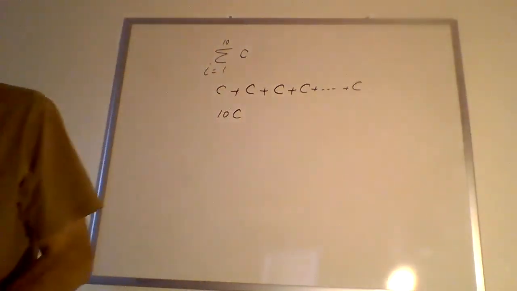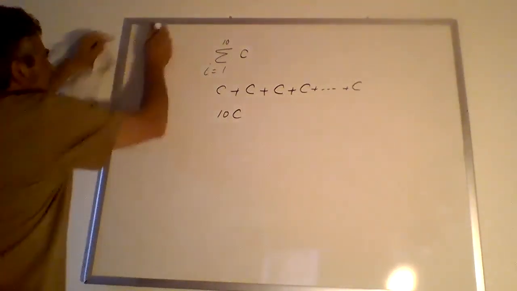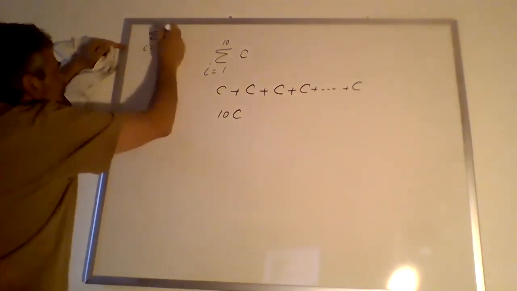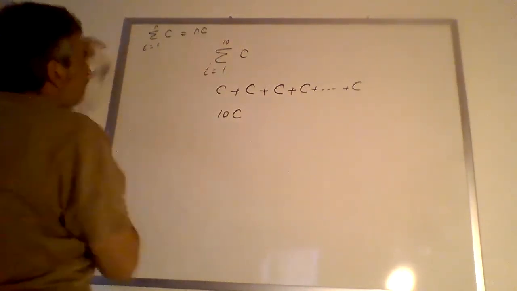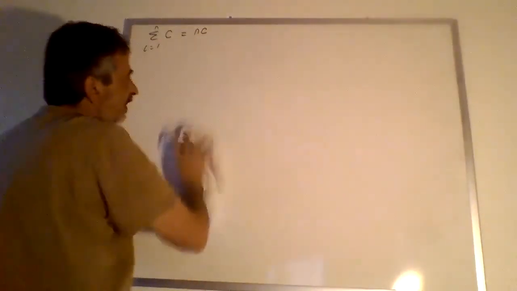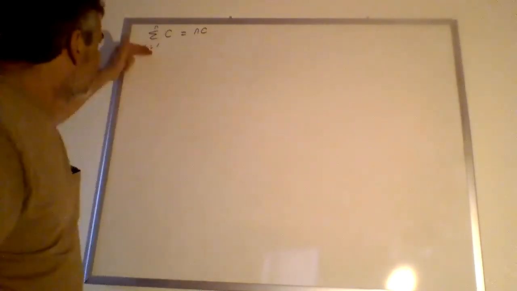So first property is summation from i equal 1 to n of some number C is equal to nC. So n is the number of terms that we're getting counting from 1 to n.